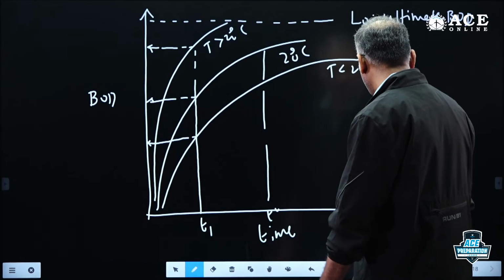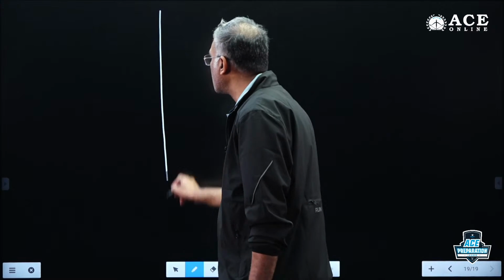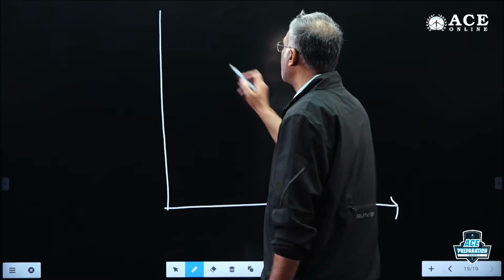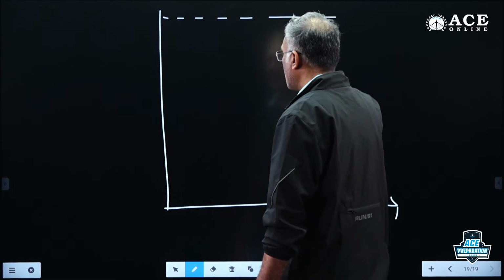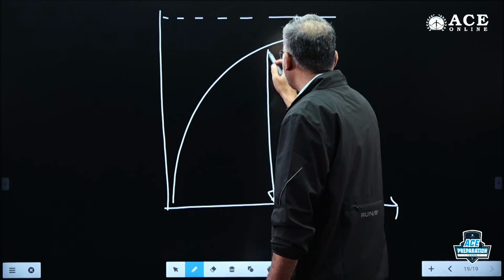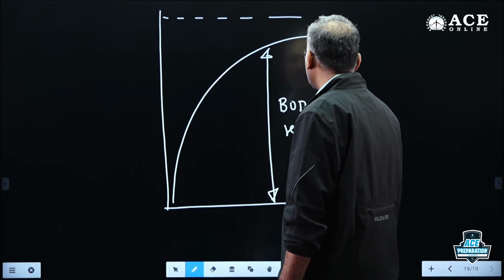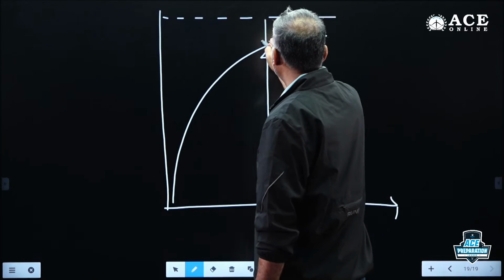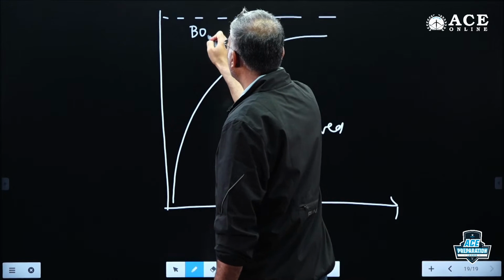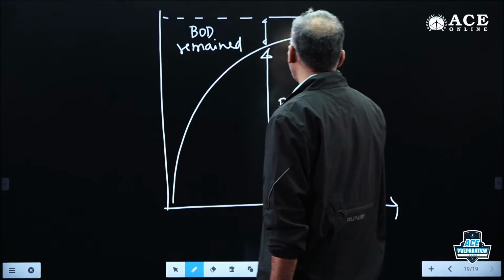Sometimes they confuse you with the terminology. In this curve, this is the ultimate BOD, this is BOD exerted, BOD removed, which means oxygen demand met. This is BOD removed, and this is BOD remained. It will confuse you with this terminology: demand remained, demand removed.